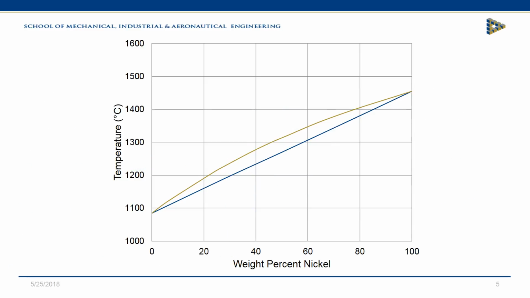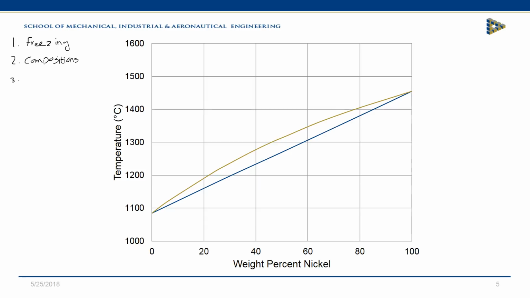Okay, so we now know that our phase diagrams can tell us the freezing range for a given composition, where solidification starts and finishes. We can also figure out the compositions in certain regions of the curve for certain phases.